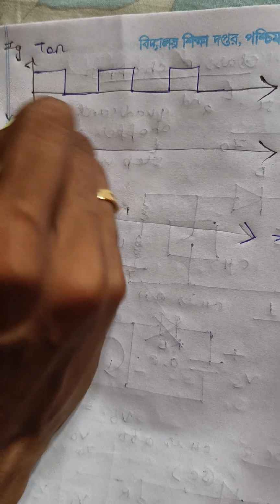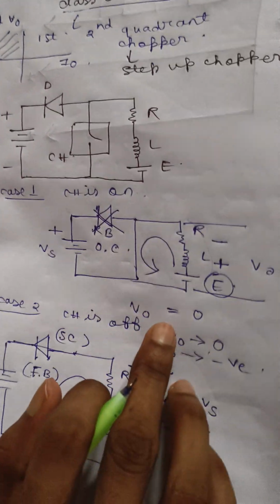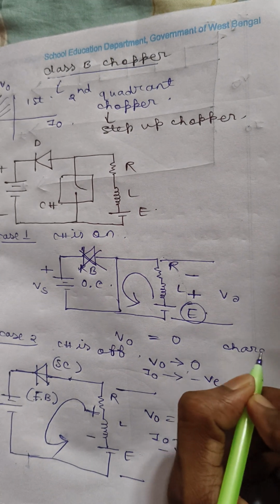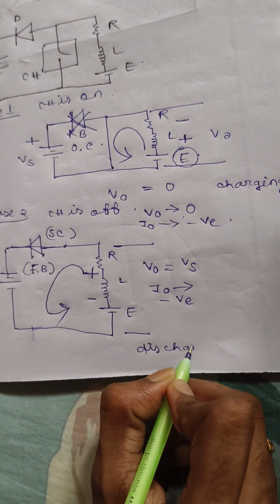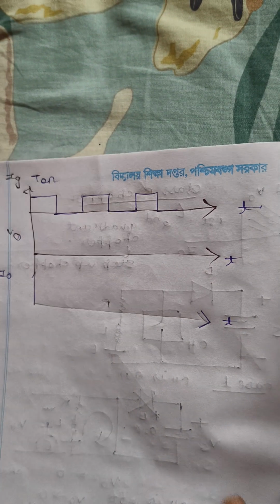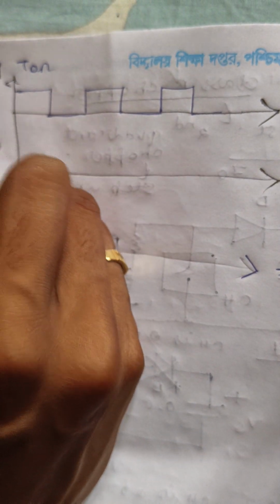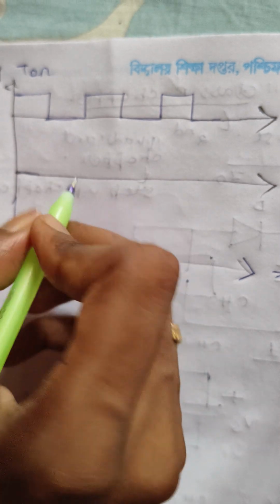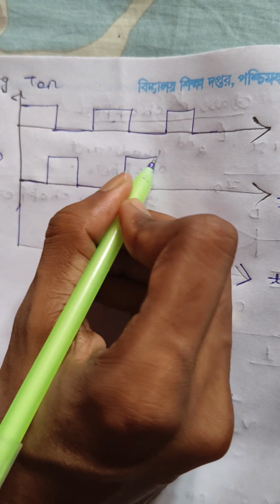When the switch was on, it was short circuited, the output voltage was 0 and the output current was negative. This was the charging case of the inductor, and this was the discharging case of the inductor. When this is off, the output voltage is equal to the supply voltage, then when on it is 0, then equal to the supply voltage, then 0.